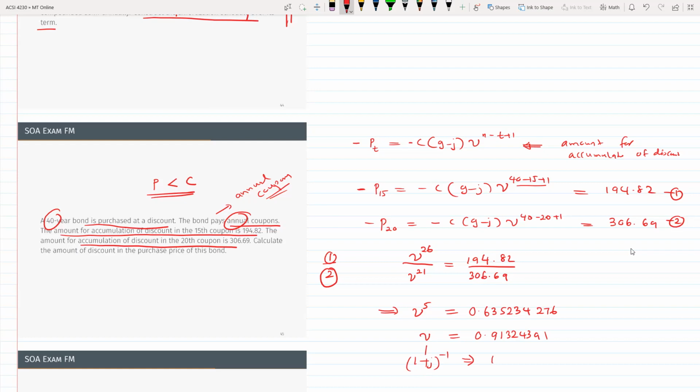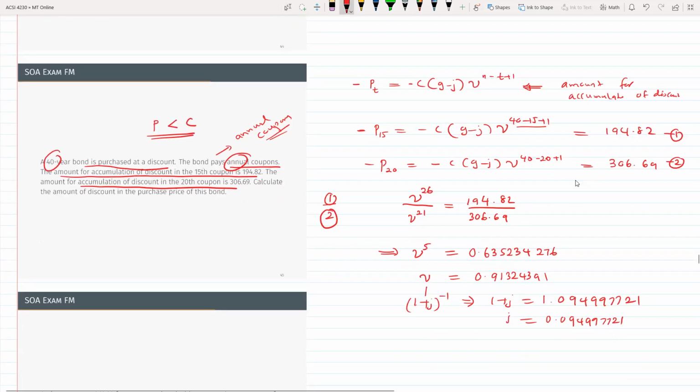So from here I can see 1 plus j equal inverse of this number, which is 1.09499771. So j equals 0.09499771.